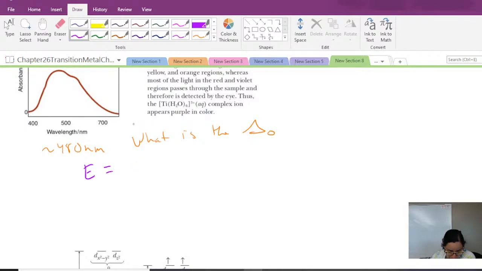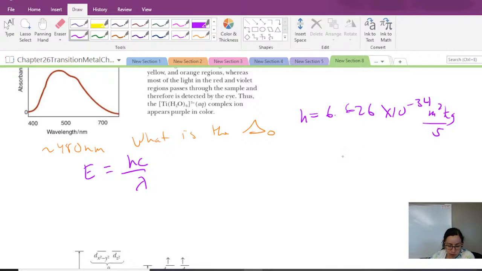So we can plug it into our formula, E equals hc over wavelength. Again, this should all be old information, but h was Planck's constant, so 6.626 times 10 to the negative 34, and that's meter squared kilograms per second for those units. We need the speed of light, so 3 or 2.99 depending how you're feeling that day. And then I'll put the wavelength in meters, so don't forget to convert that to meters. I'm going to do what I call my lazy conversion.